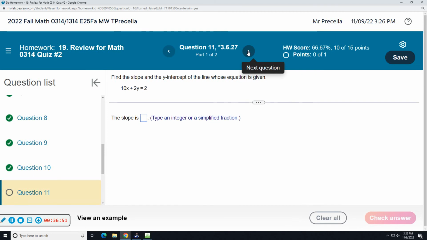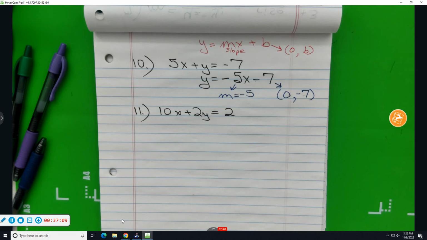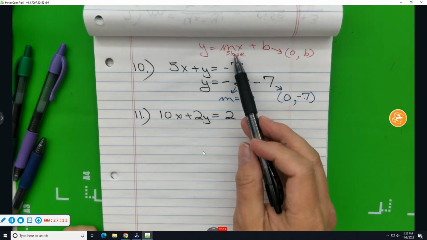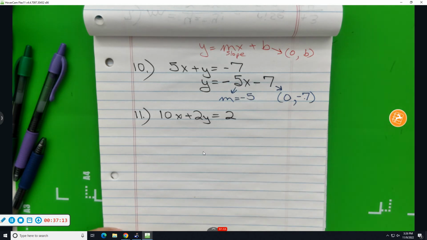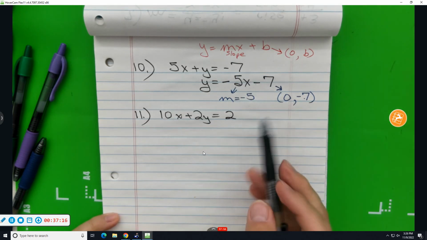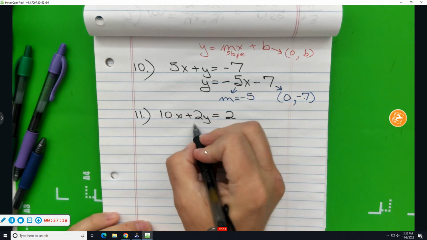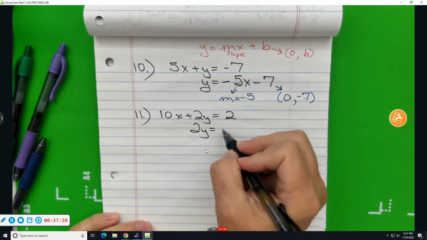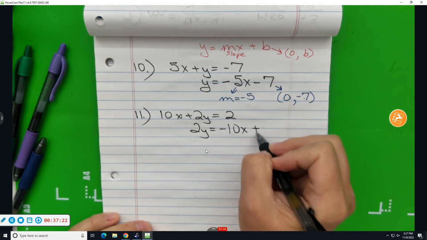Number 11, same instructions. Let me write it down. We want the slope and y-intercept of the line 10x plus 2y is equal to 2. We need to solve for y, so I move the 10x to the right to give me 2y equals a negative 10x plus 2.